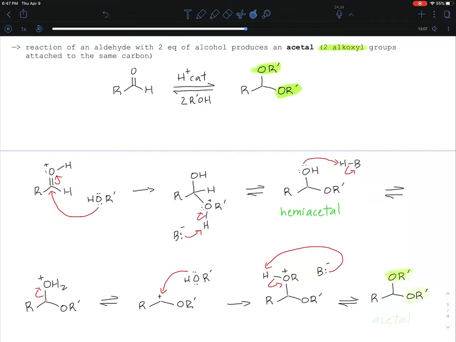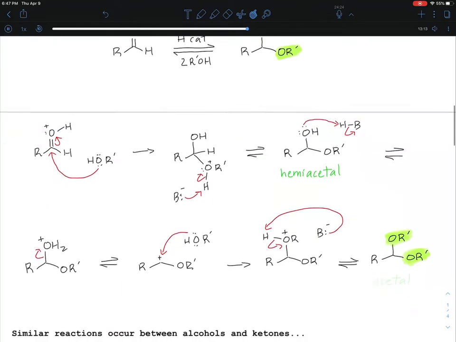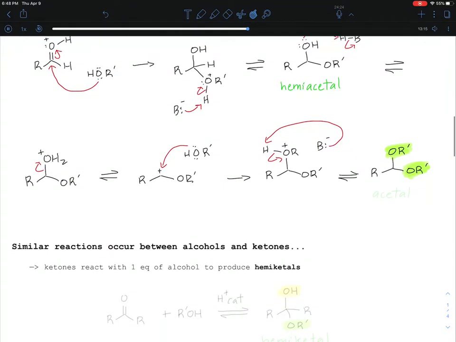So we have two alkoxyl groups attached to the same carbon. I'm going to move this down to make it just a little easier to see. There you go. So right here we have our acetal.